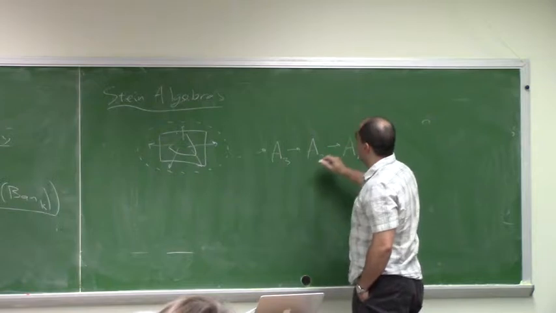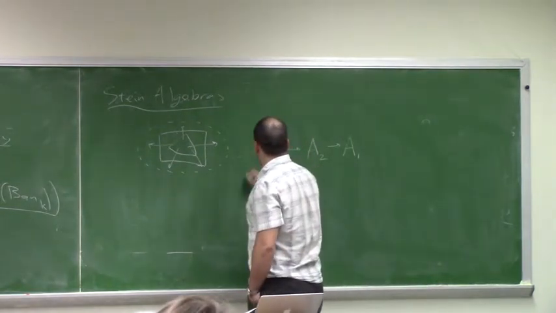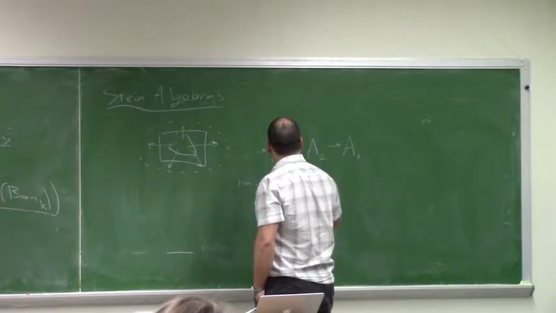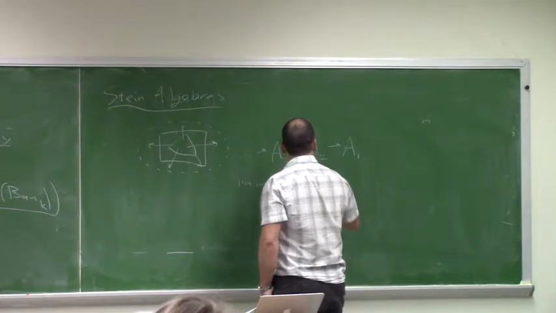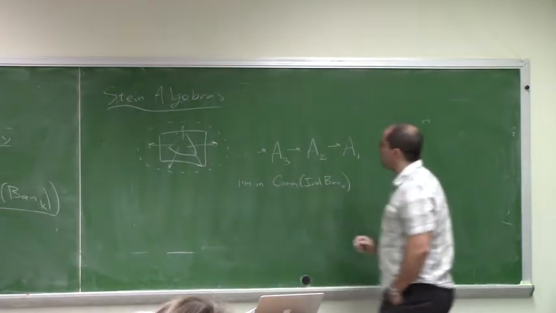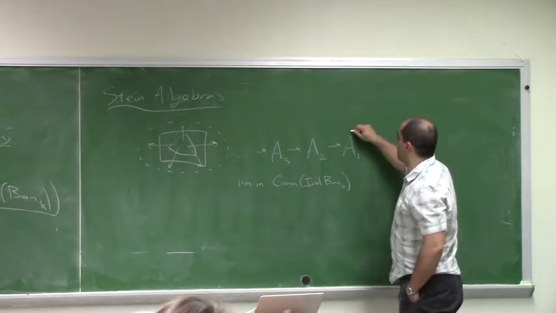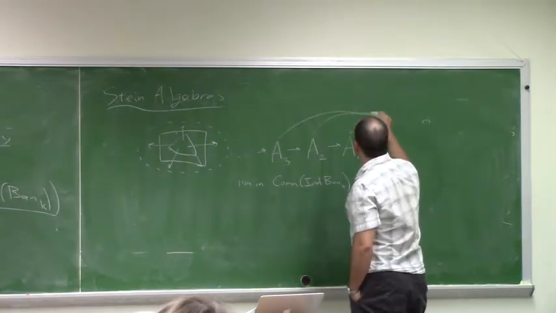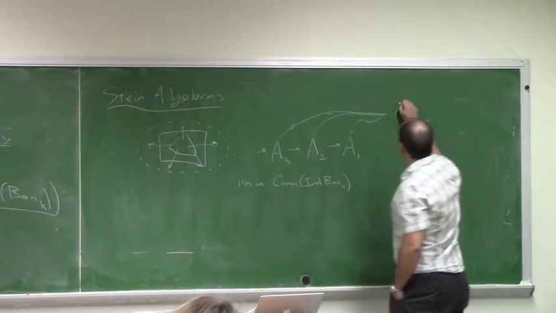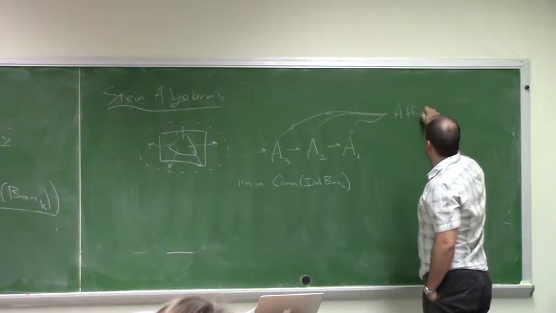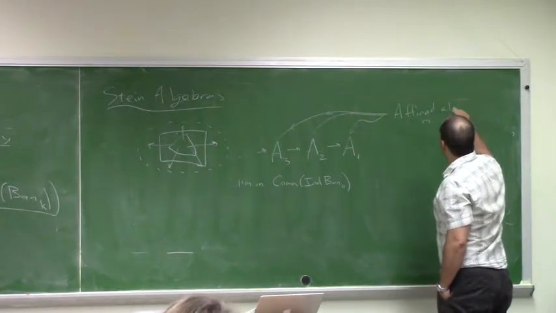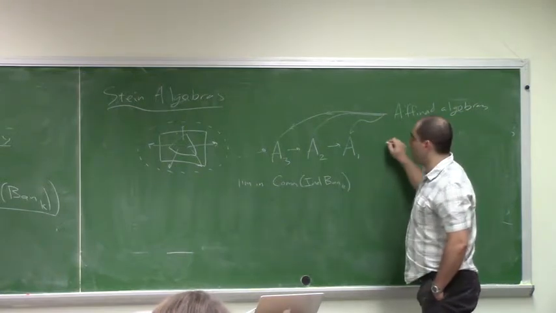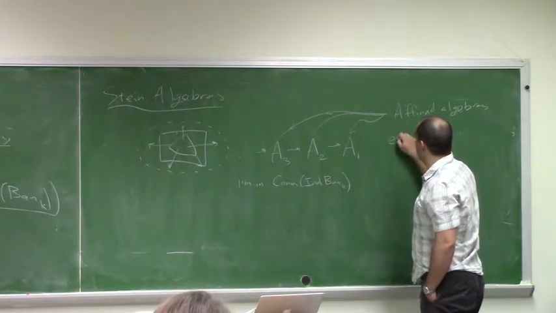So here, what I want is a limit where each of these is an affinoid algebra, like I introduced before. And I want each morphism to be a Weierstrass localization.